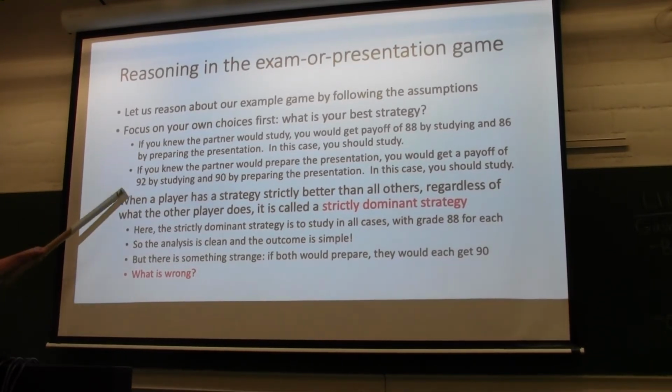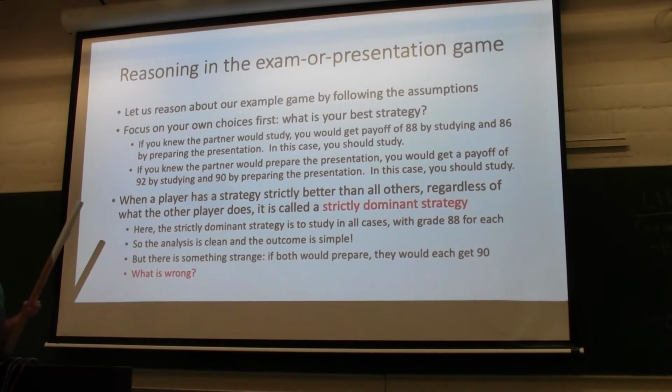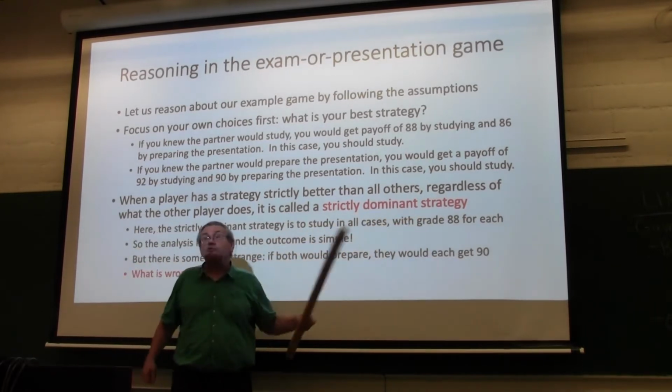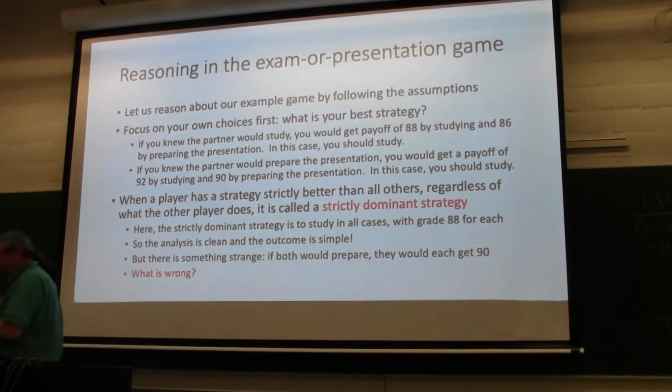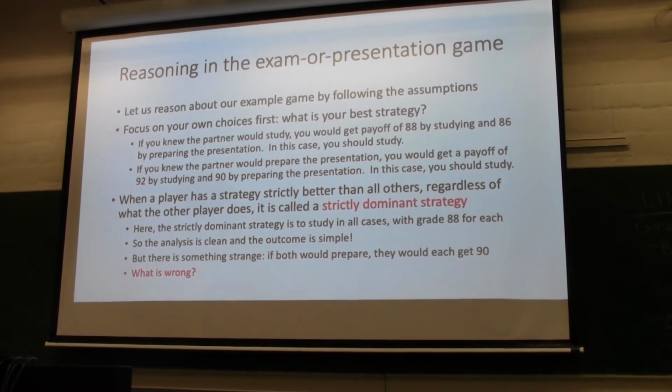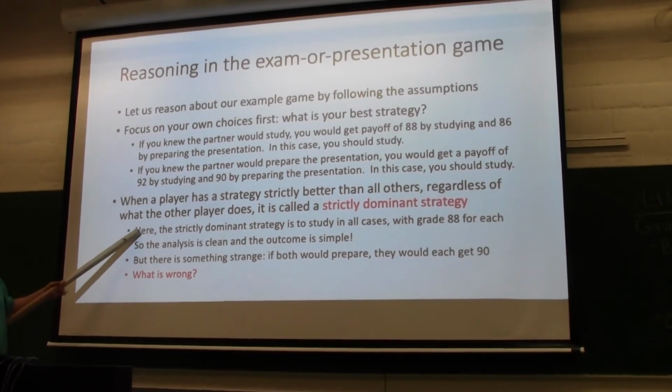That means no matter what the other player does, no matter what the strategy of the other player, you always have the same best strategy. This is called a strictly dominant strategy. It's the easy case, when there's one move that's always the best. Study in all cases.